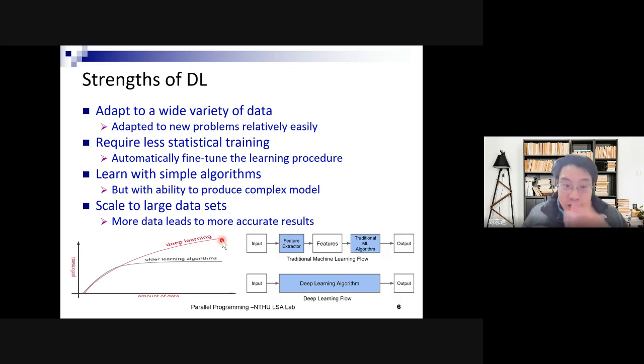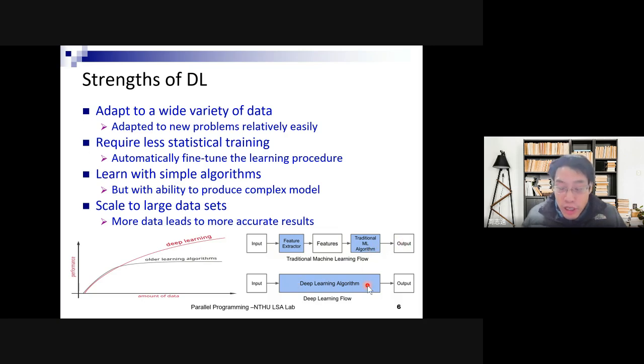Okay. All right, and if you compare deep learning to the traditional machine learning algorithm, the biggest difference is that traditional machine learning algorithms usually require users to do the feature extraction. It's important to feed the correct feature to the algorithm to get a good result.